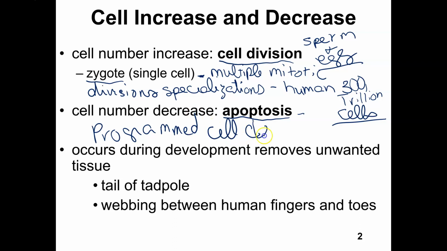In regions where we don't need more cells or more tissue, we're going to reduce that tissue. So an example would be like the tail of a tadpole or the webbing between fingers and toes in the human. Those regions are there initially, and then the cells start to decrease in number. They go through that apoptotic decrease. And that allows us to produce the structure that we are all familiar with.